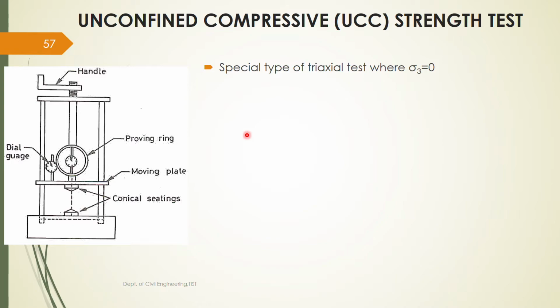In this unconfined compression test, sigma 3 is equal to 0, and this can be used only for clay soils that can stand without any confinement. You know that some cohesionless soil like sand cannot stand without any confinement in a cylindrical shape. So this test can be conducted only for clay soils.